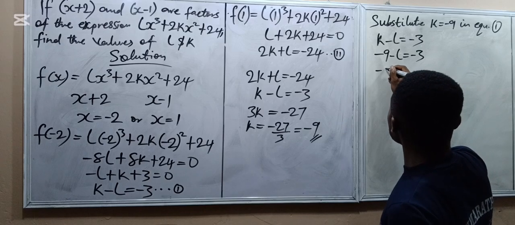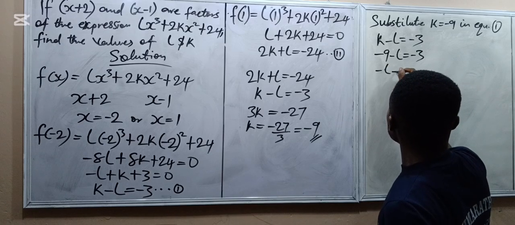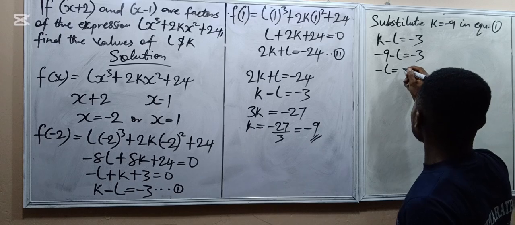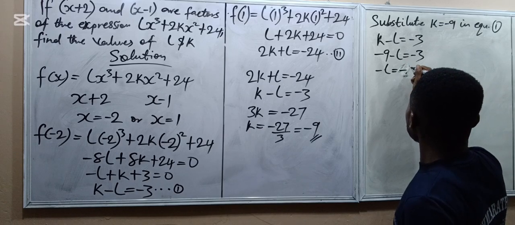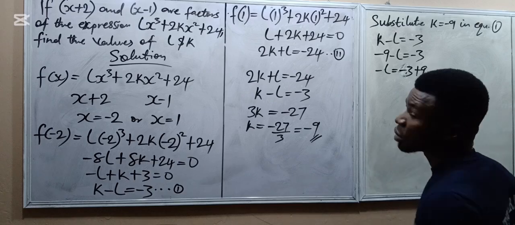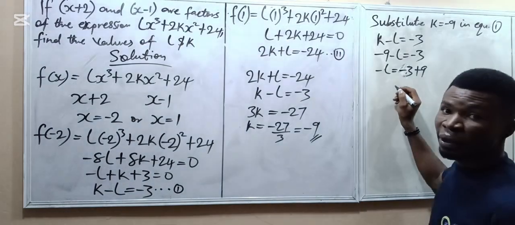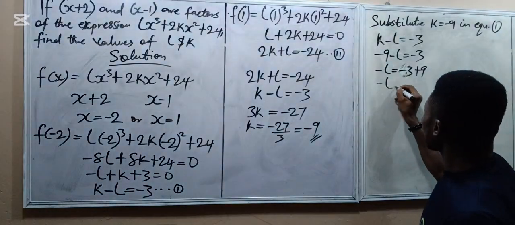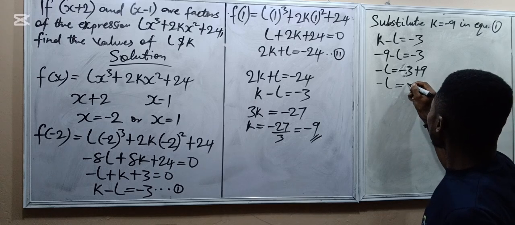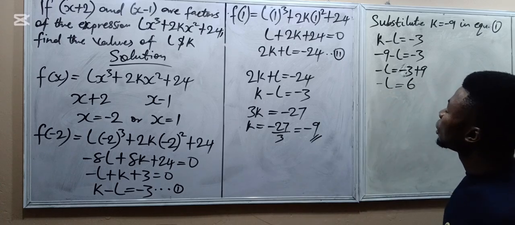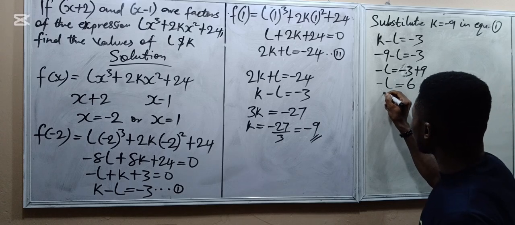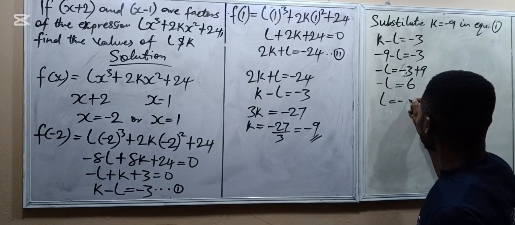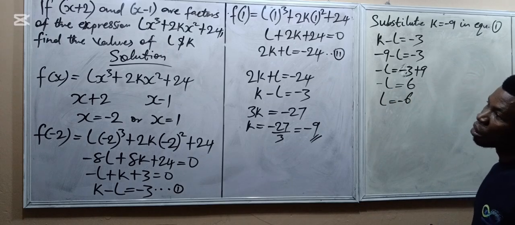And then minus L is equal to, take 9 to the other side, minus 3 plus 9. And then minus L is equal to 6. Now to eliminate this minus, you multiply both sides by minus, and when you do, you have that L is equal to minus 6.